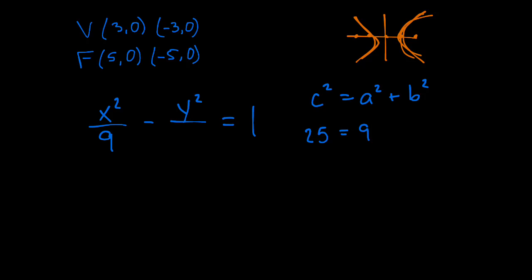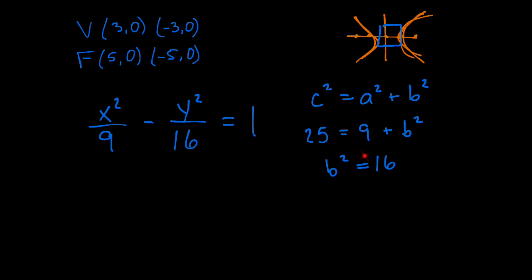And then, since these are added, it doesn't really matter which is which, but one of our two radiuses, one of those is 9, right? Our distance to our vertices was 3, so 3 squared is 9. So this first one would be 9. We can call this other one b squared. So subtract 9 from both sides, and b squared in this case is 16. We don't need to take the square root of that and get that the distance to the top, which would help make our box, is 4, because when we put that back in the general equation, this would be 4 squared, which is the 16.